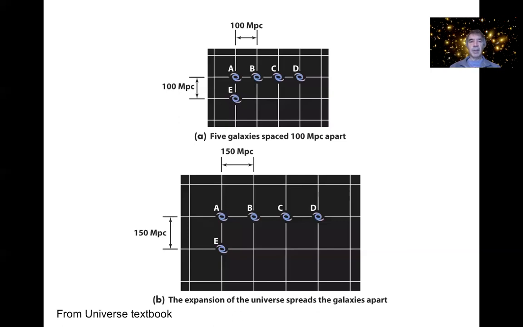And you'd get the same thing if you went off in any different direction. Galaxy E has also moved 50 megaparsecs further away in the same time interval that B has, and they are at the same distance away from A, so whichever direction you look, you're going to get the same answer.